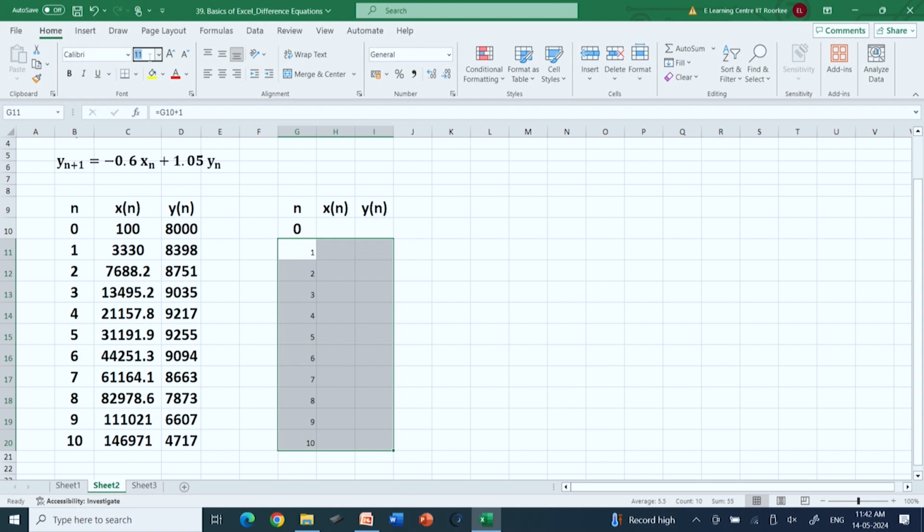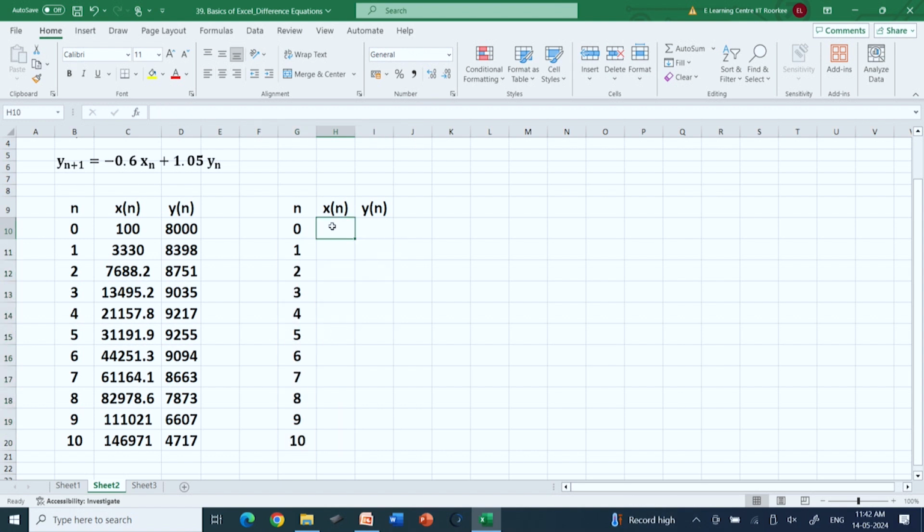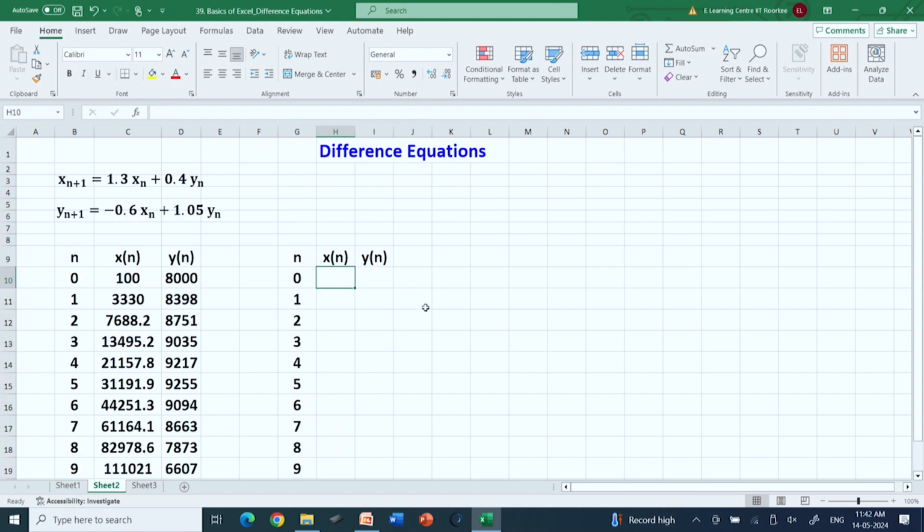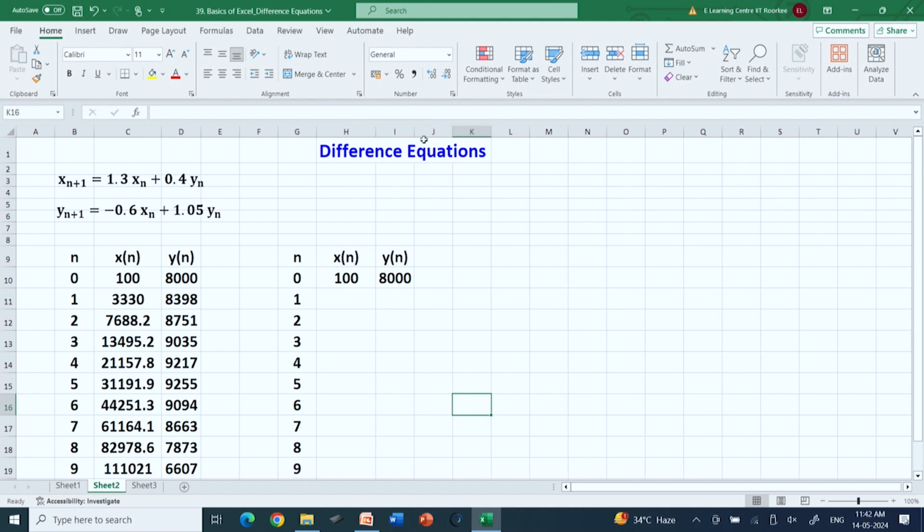Let me change the font to 20, make them bold and center. Now, the initial value I have chosen is 100 for x and 8000 for y. Give a little gap.